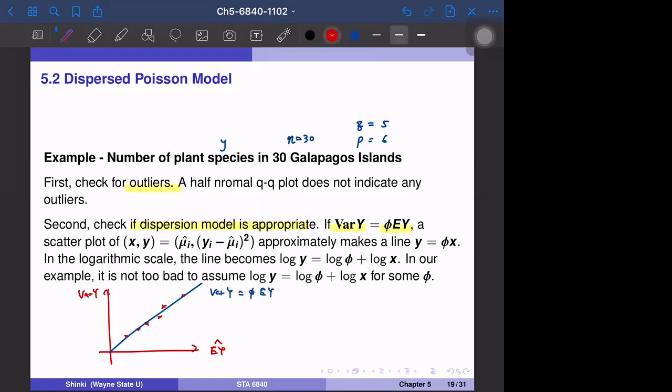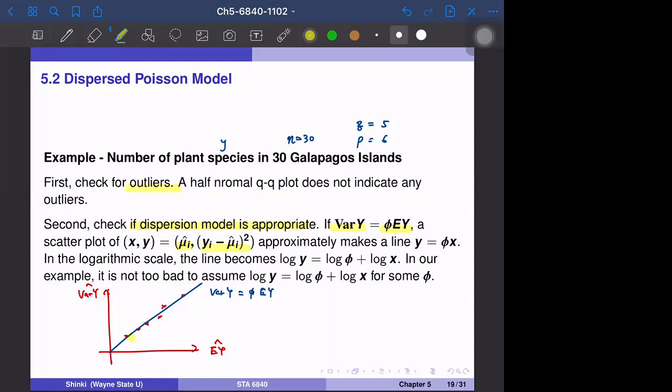We cannot really observe the variance and the expectation themselves, so we use approximate values, mu i hat, and yi minus mu i hat, the square of that. Then we should have this situation.